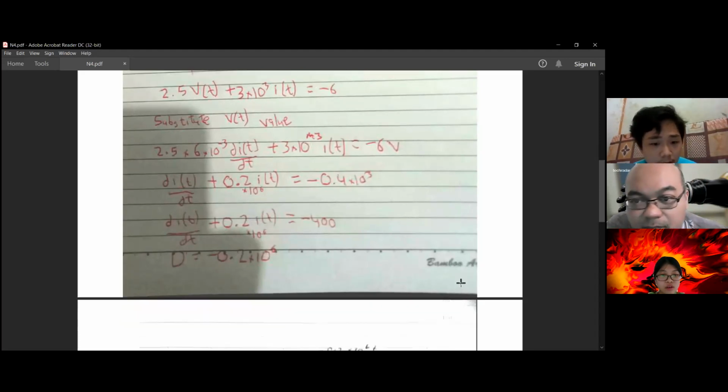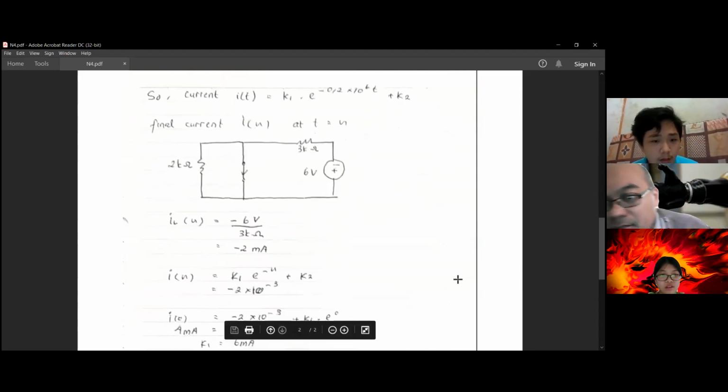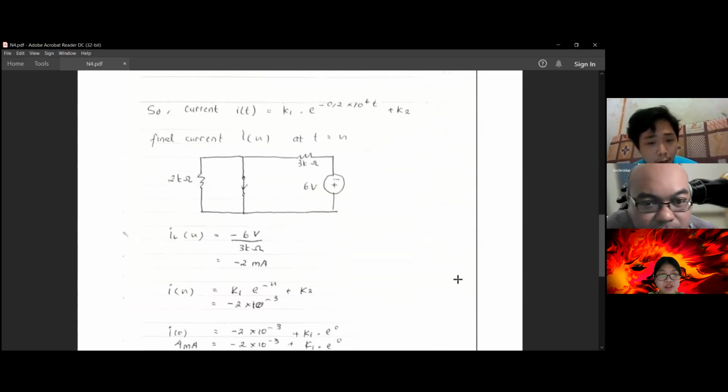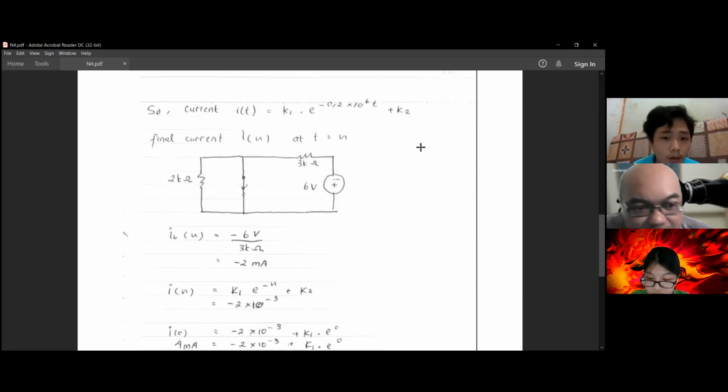And then we try to make I with the time of infinity. So when time is infinity, what is the tau now? Has the tau been found? No, sir, not yet.